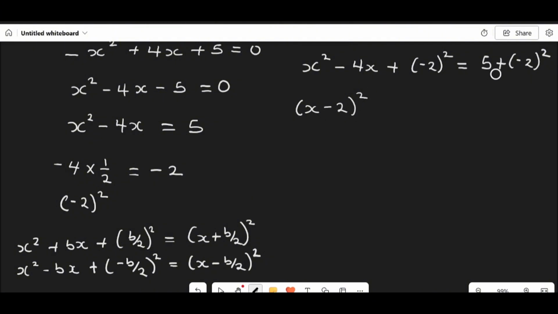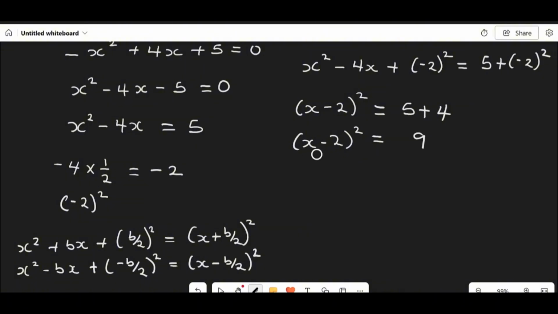So let us equate it to the right hand side, which equal to 5 plus minus 2 square will give us 4. x minus 2 square equal to 9.